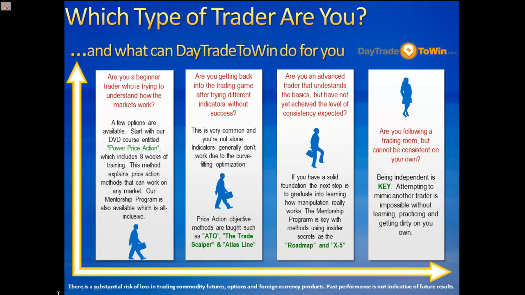When you're on your own or you're not following someone in a trading room, you have to be able to do this on your own and be independent. So definitely a key aspect, I believe, of trading is the independent part. And following somebody in a trading room, I think, is very difficult to do on your own. So mimicking other traders is impossible, and you should learn on your own. Okay?